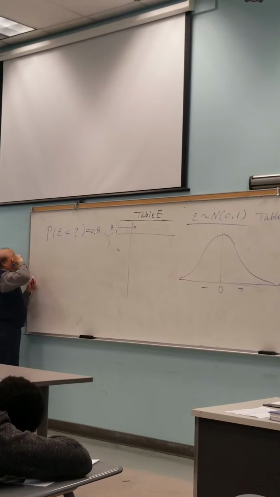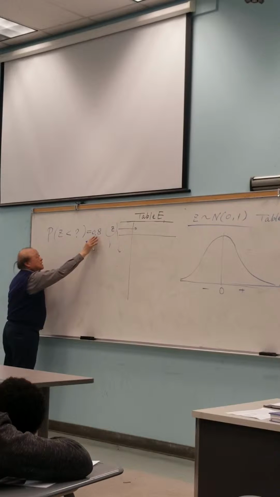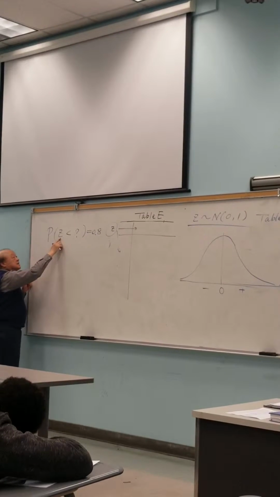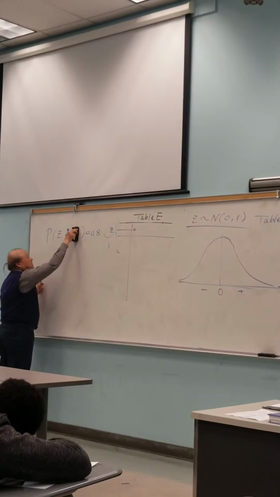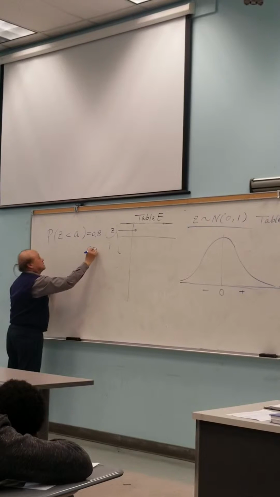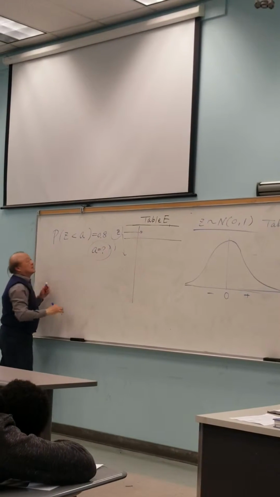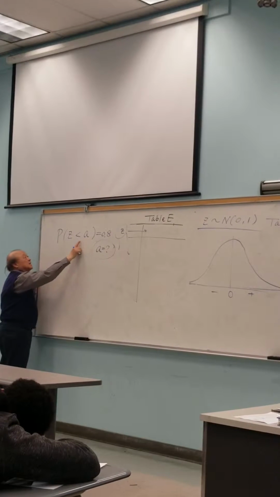80% chance, 80% probability, the chance that z takes a value smaller than a number. Suppose the number is A. A is a particular z-score.